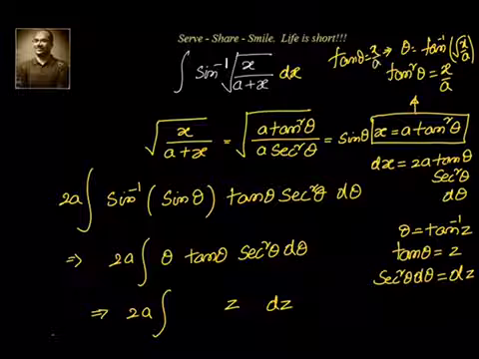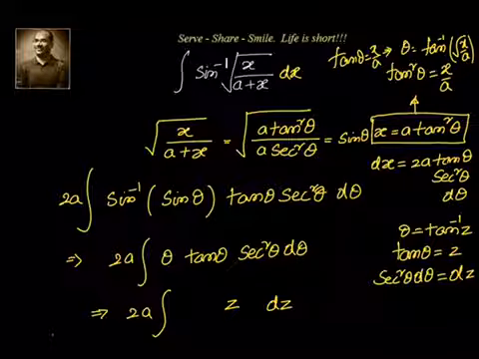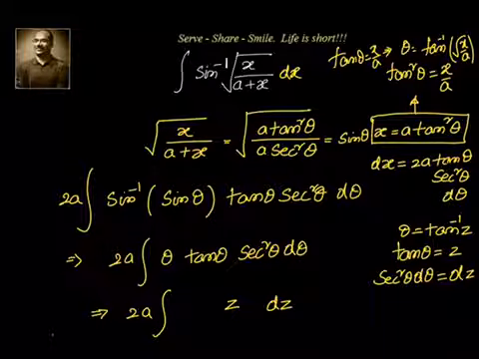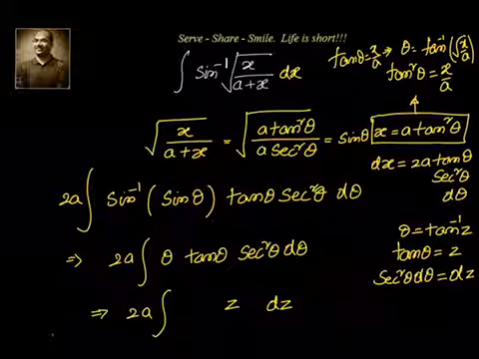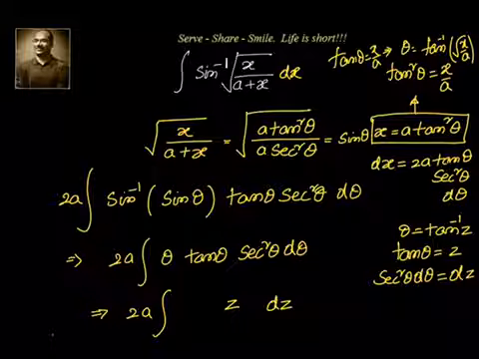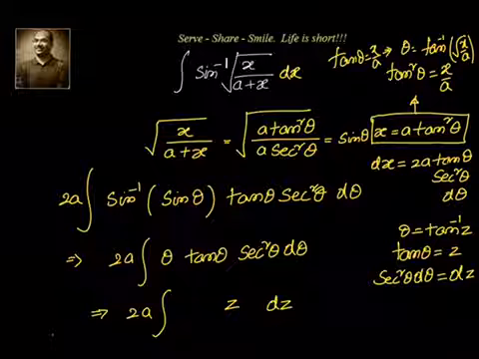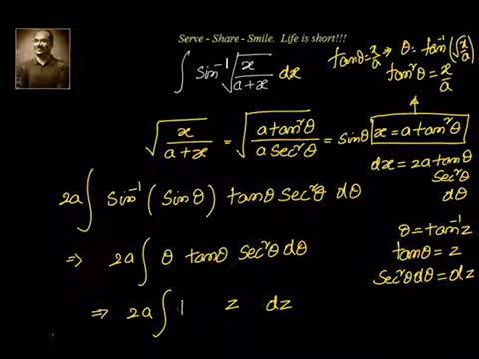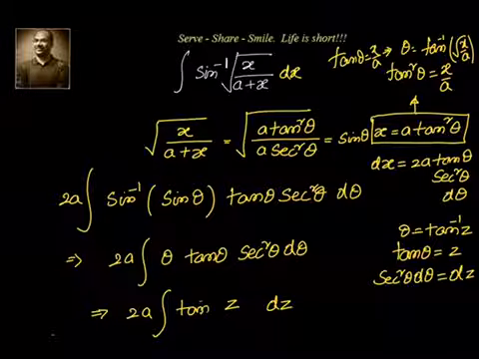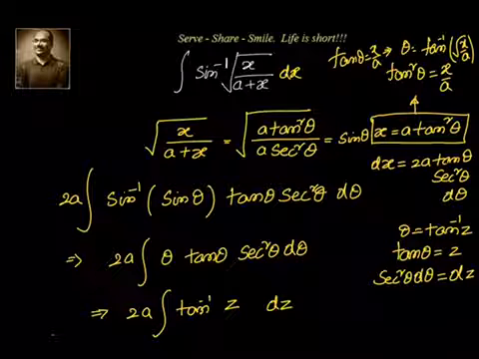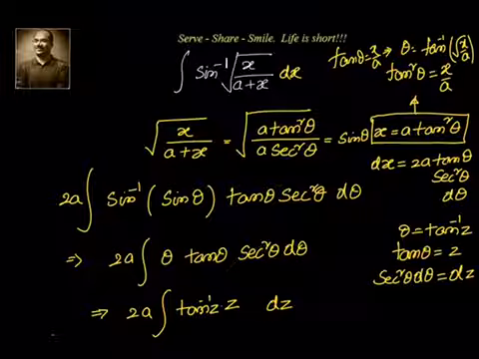That means theta equal to tan inverse of root of x divided by a. So the problem becomes now 2a integral tan theta, that is z, and theta equal to tan inverse z. So our problem became now 2a integral z into tan inverse z.